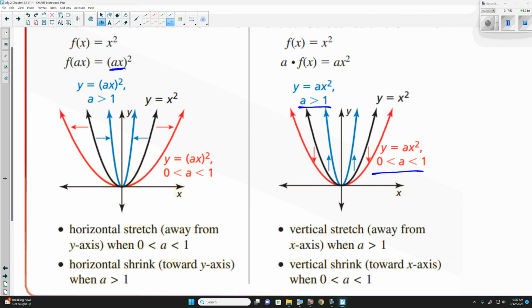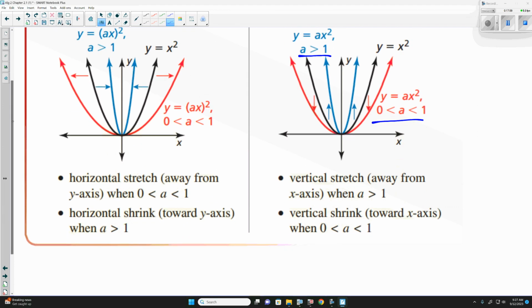I normally call this b so that we don't get them switched; it's the number in front of x inside the parentheses. When that value is between 0 and 1, it's a stretch. When it's greater than 1, it's a shrink.